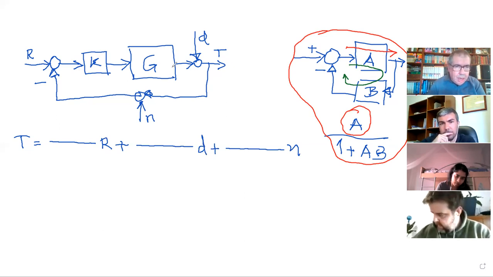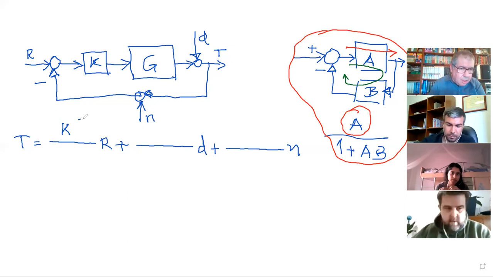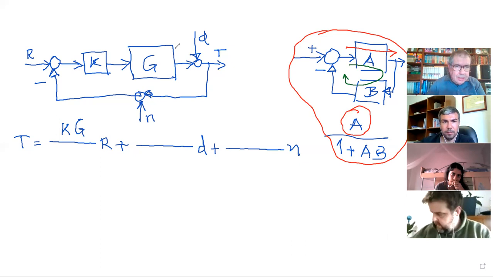So for R, what is the direct gain? What is that red part? GK. Okay, KG. It's the same, but KG. And the loop gain is the product of all the elements in the loop.